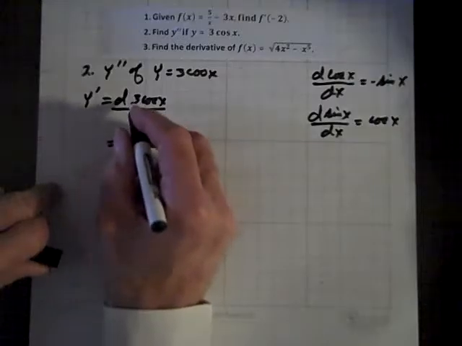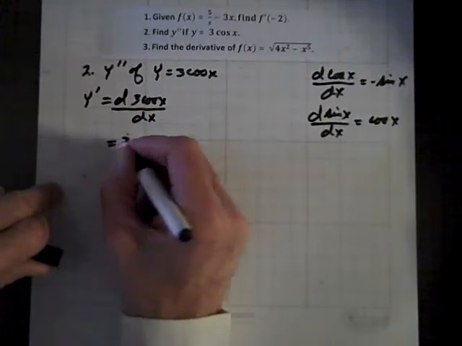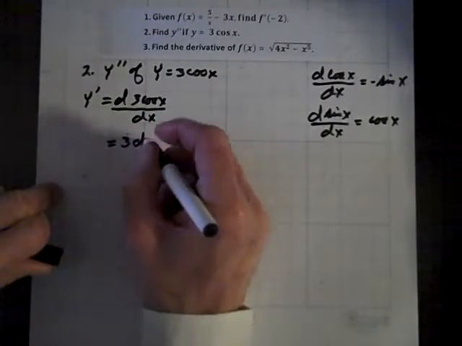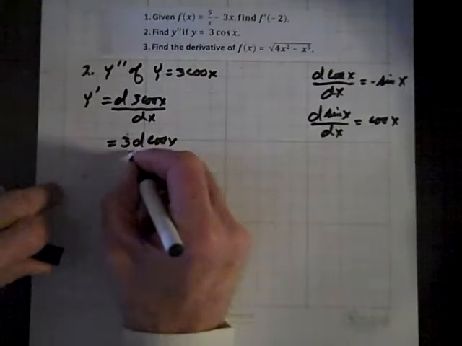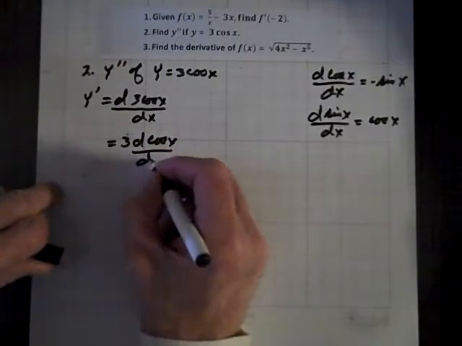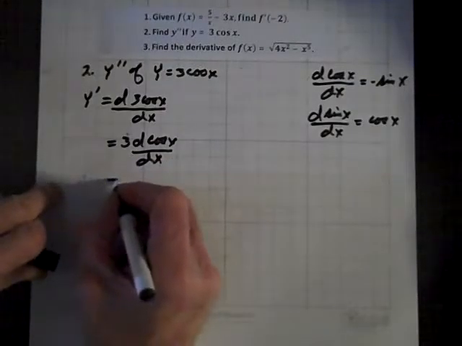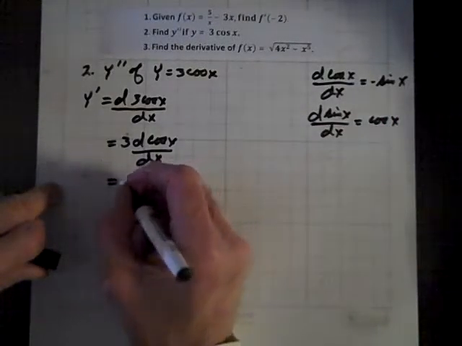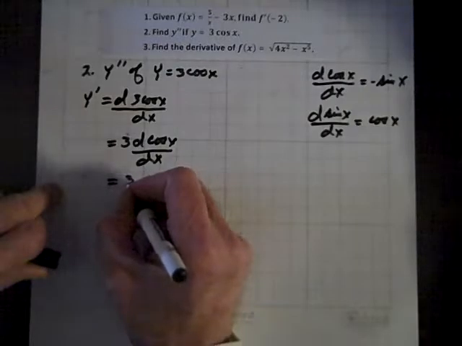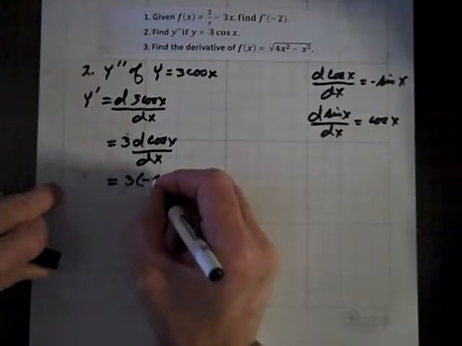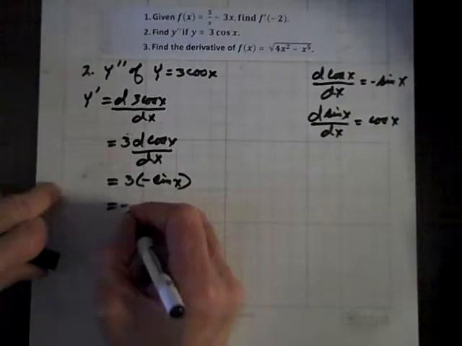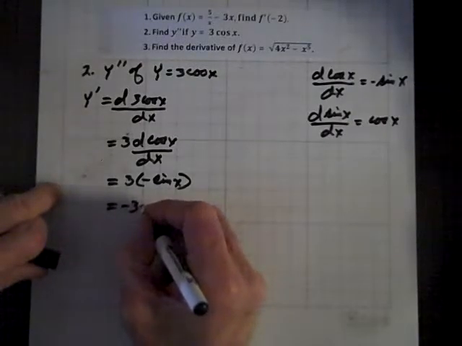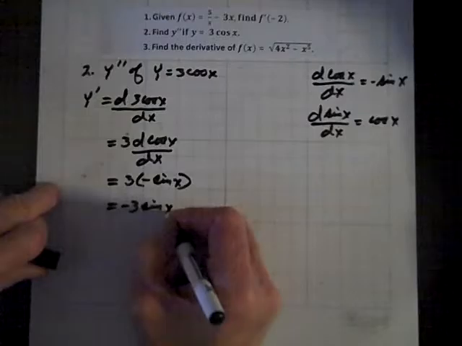And now we can pull that 3 out in front, and we have 3 times the derivative of cosine of x with respect to x. But we know that that equals 3 times minus sine of x, which equals minus 3 sine of x.